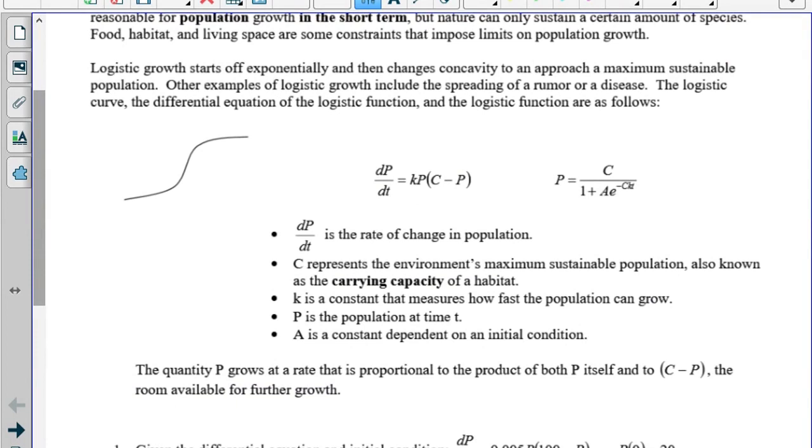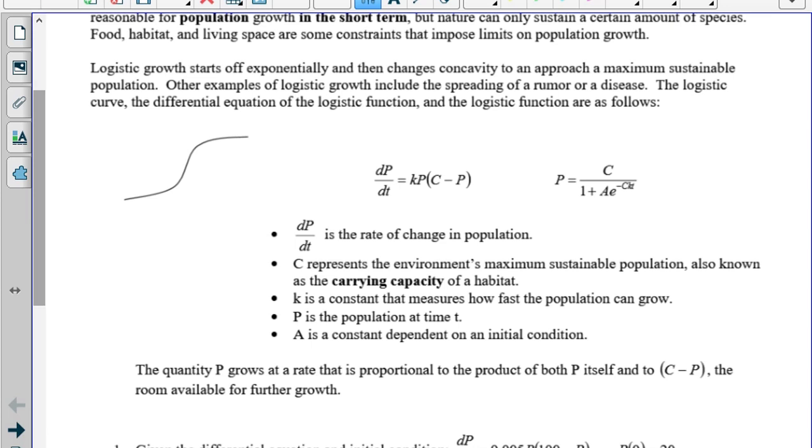So let's say you are spreading a rumor at Wabansie Valley High School. There is a limit to the amount of people that can know the rumor because there's only a certain amount of people at Wabansie Valley High School. So the rumor spreads fast at the beginning and then eventually it starts slowing down because you only have a certain amount of people at the school.